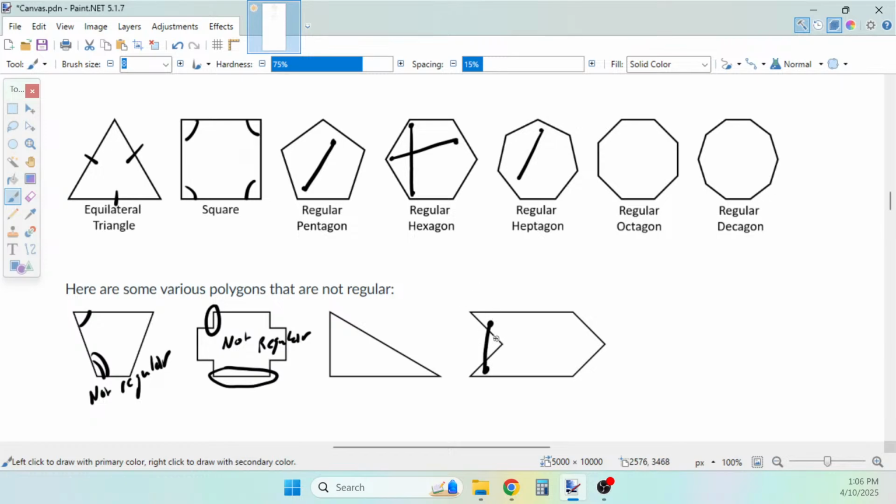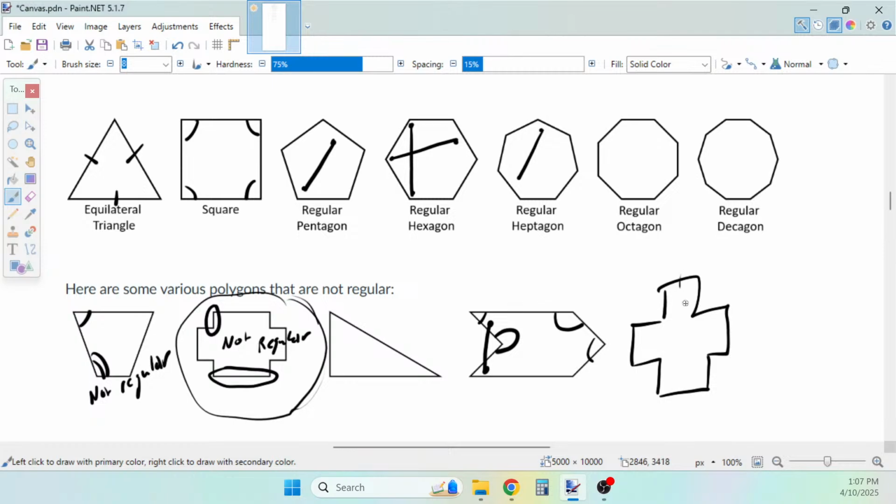You could argue that this angle is not the same, therefore not regular, and that is a valid way of arguing it. But suppose we take this shape here and we make all 90-degree corners, making sure that side is equal. I know I didn't draw it that way, but you can imagine how it would look, with all of the sides that I marked equal.